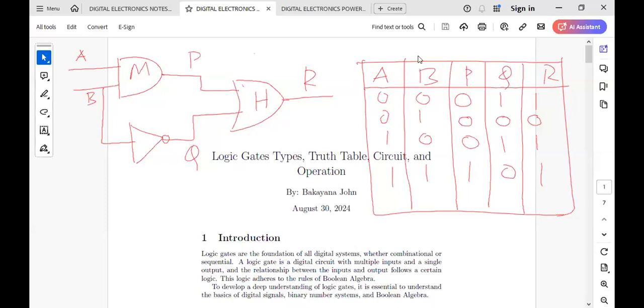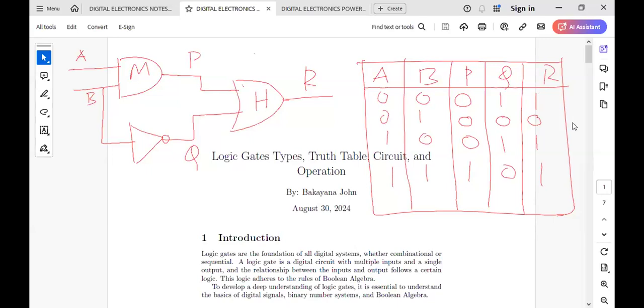Then same to the second one, 0, 1, there will be no current. But when both A and B are closed, there will be current, because an AND gate can let out current when both the switches are closed.